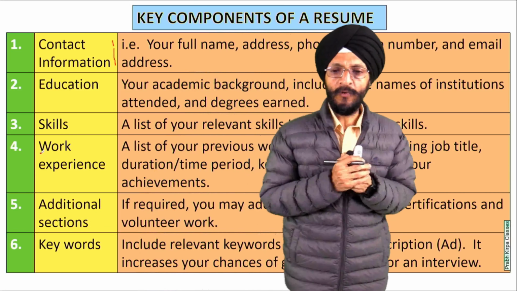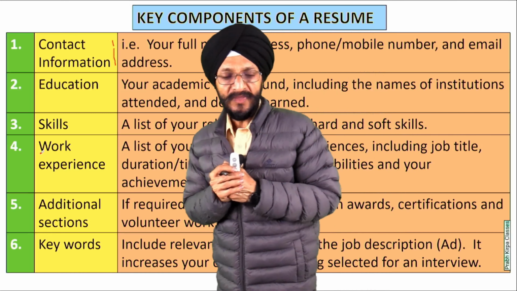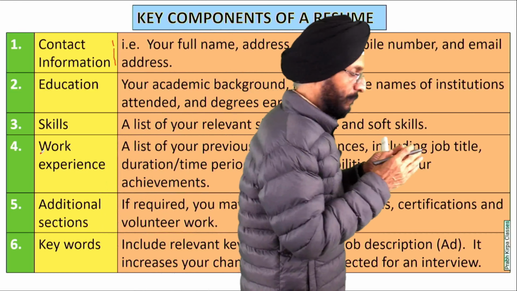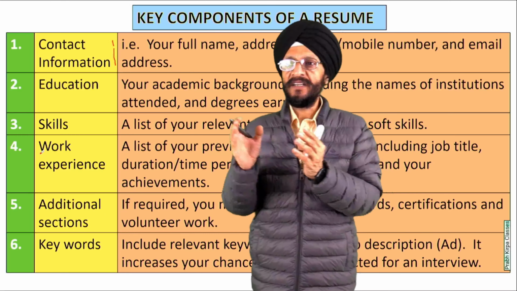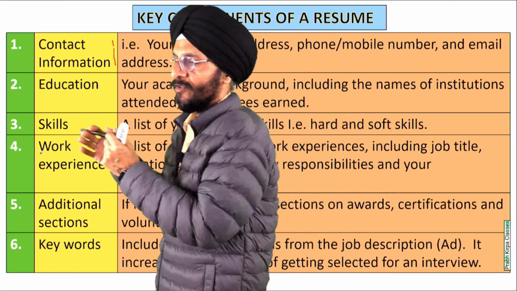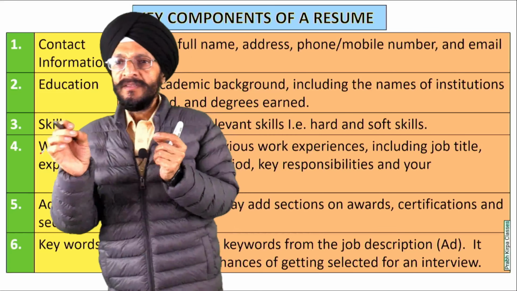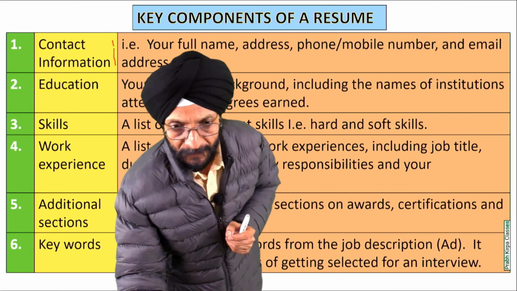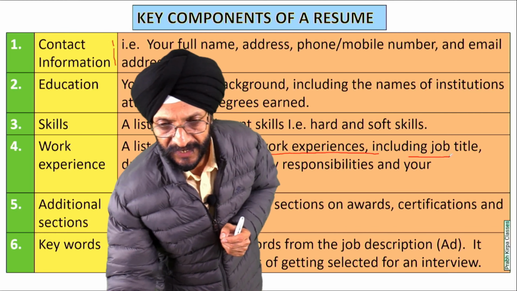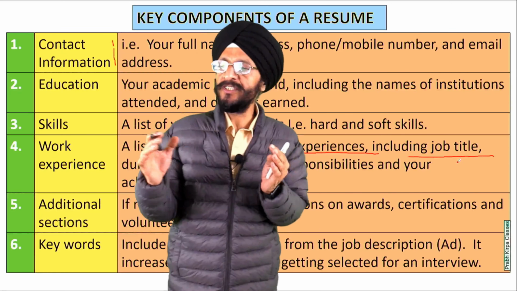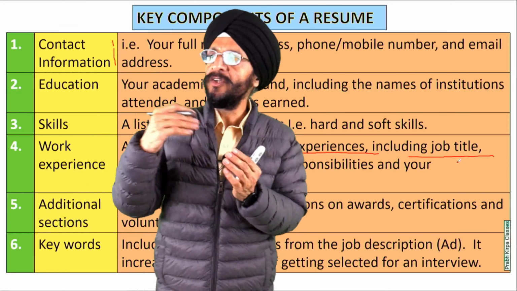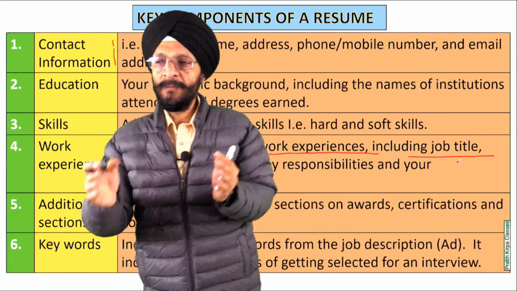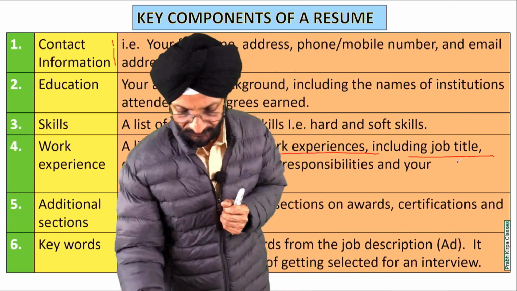Fourth key component of a resume is work experience. If a job description says that you must have 3 years of experience, then this is the work experience, a list of your previous work experiences including job title, that is the position which you held. In that position you may have worked as the principal of a school or the manager in some organization.